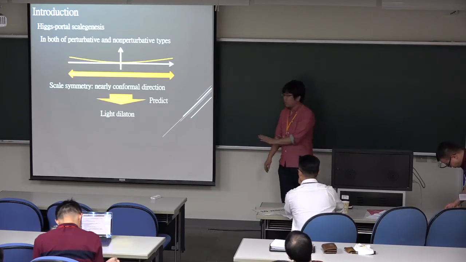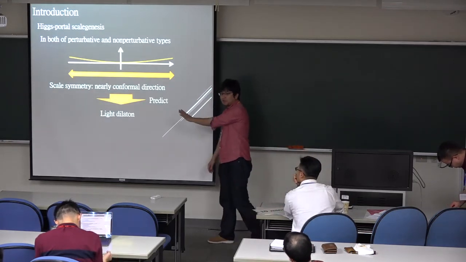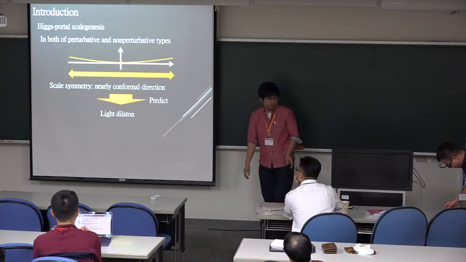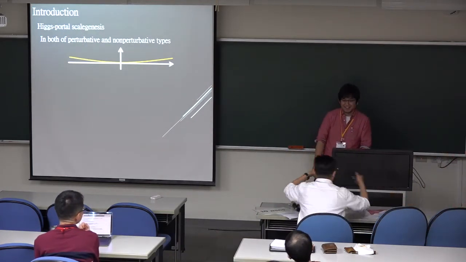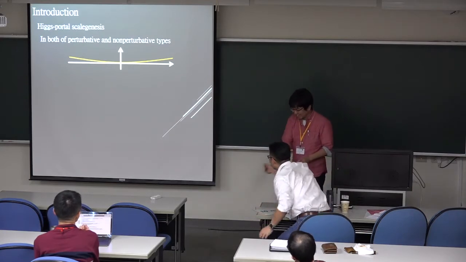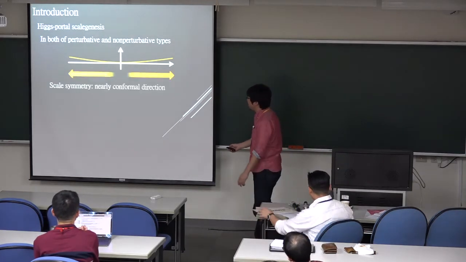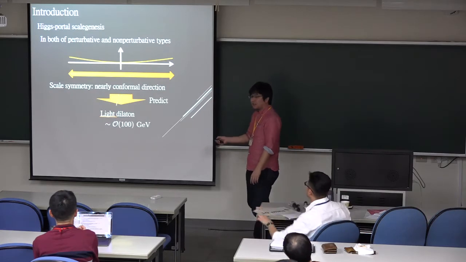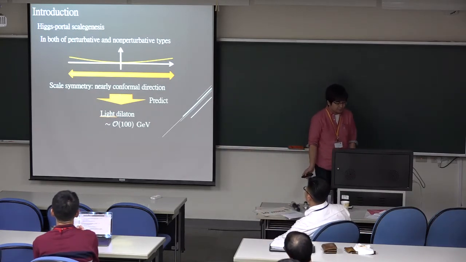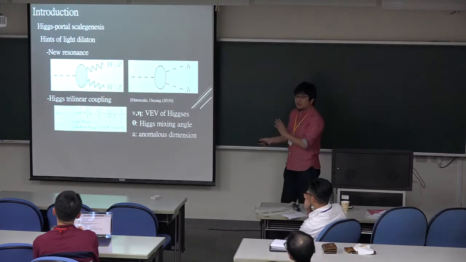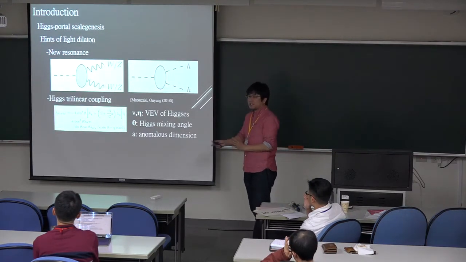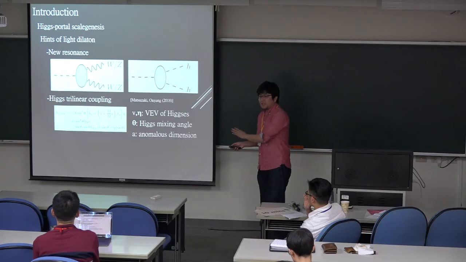And of course, we have to break that kind of scale symmetry, which predicts the light dilaton, whose mass is on the order of 100 GeV. And thanks to the existence of that kind of light dilaton, there are several predictions at, for instance, colliders.